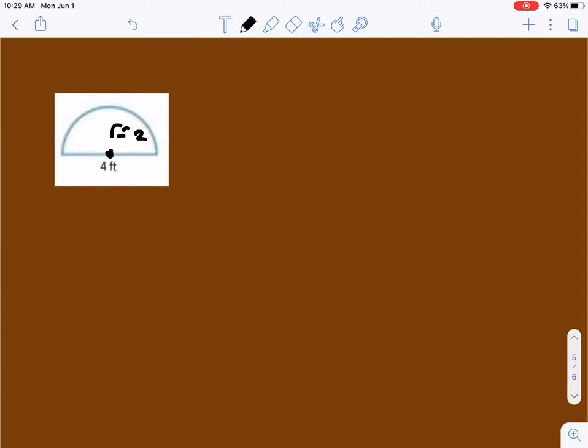The next thing you want to recognize is when I do find my circumference, I only have half the circle here. So my circumference is going to be half of that. So let's figure out what the full circumference would be. So it would be 2 pi r, which is 2 times pi times 2. So it's 4 pi. And then before we go ahead and multiply it, that's the full circumference.